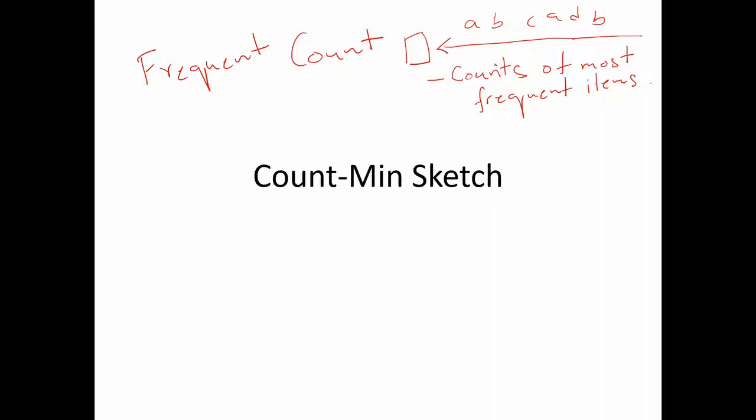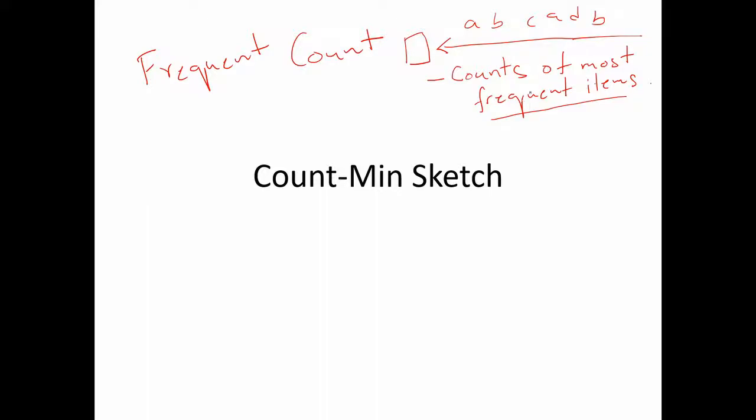We discussed, we didn't show formally, but you can think that you cannot guarantee that you will have counts of all items, or even of most frequent items, exactly, using sublinear space.